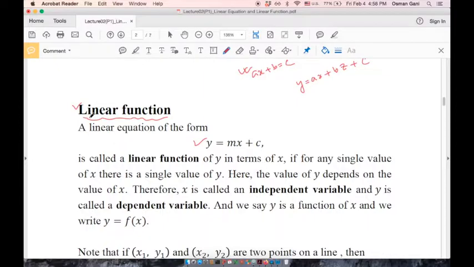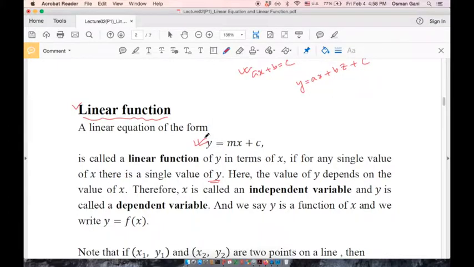So now let us try to understand a linear function. A linear equation of this form, y equal to mx plus c, is called a linear function of y in terms of x if for any single value of x there is a single value of y.